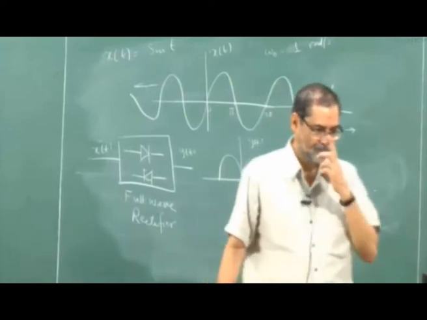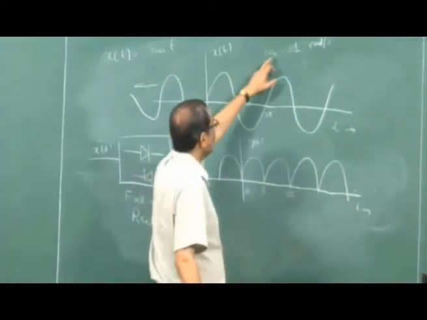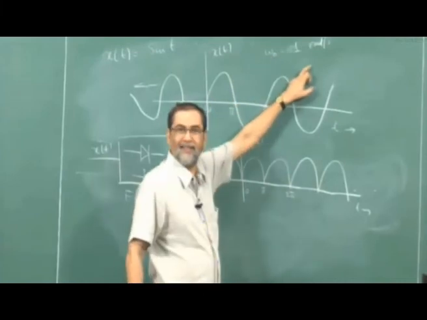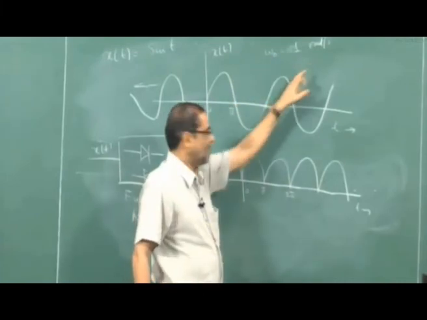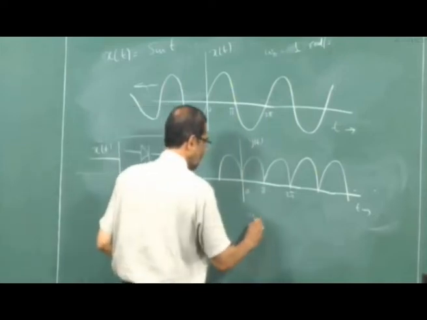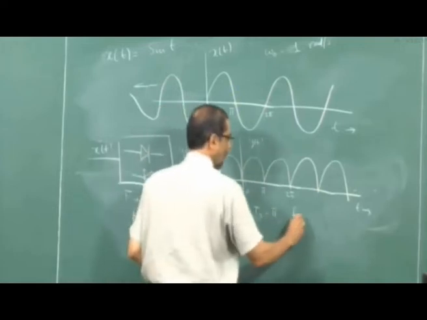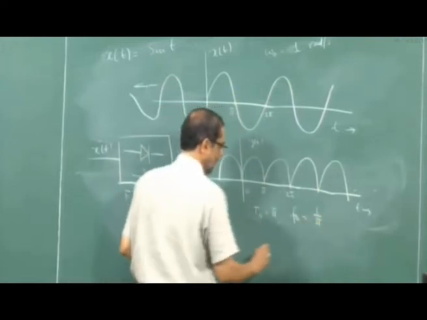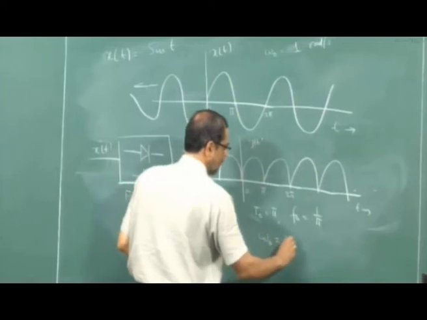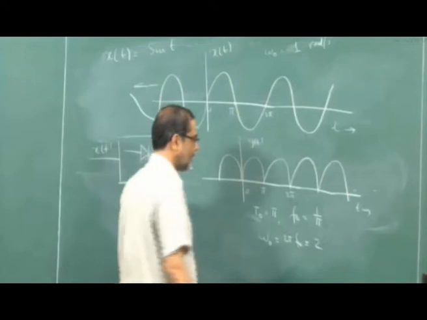So I said, if the frequency here is 1, what is the frequency here? What is the fundamental frequency of the output? Remember, output T naught is pi, and so F naught is 1 by pi, and so omega naught is 2 pi F naught, which is 2 radians per second.